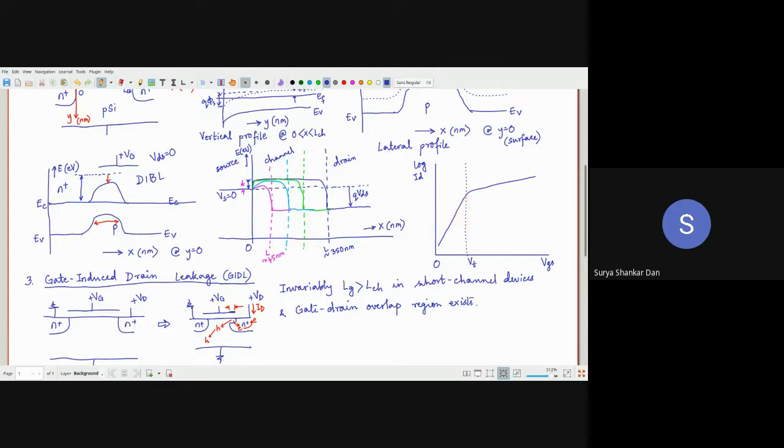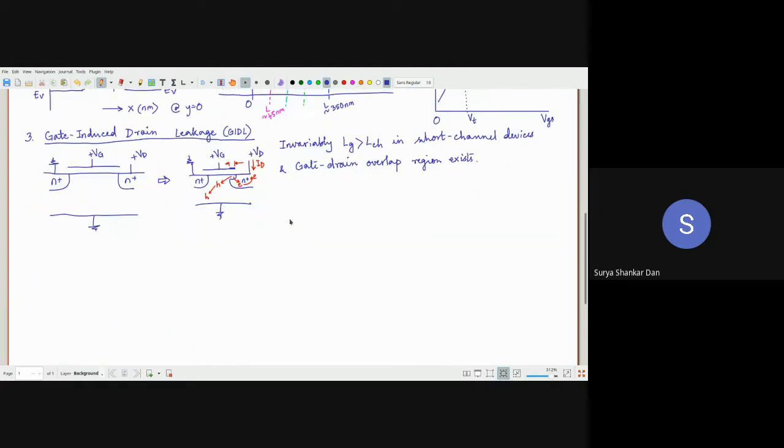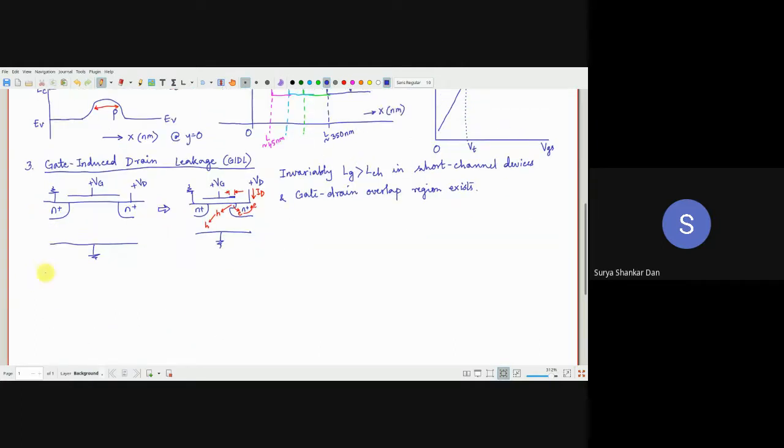We will understand about VT roll off. We will model the VT roll off also, because VT roll off is going to be important for circuit designs. So this is called VT roll off. You can call it the fourth phenomenon, that is VT lowering due to scaling.